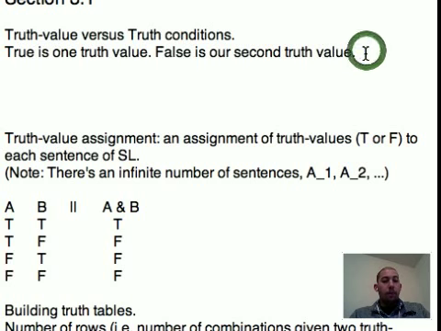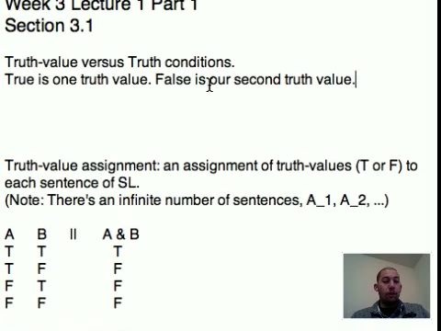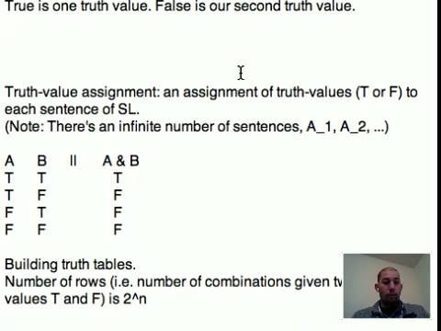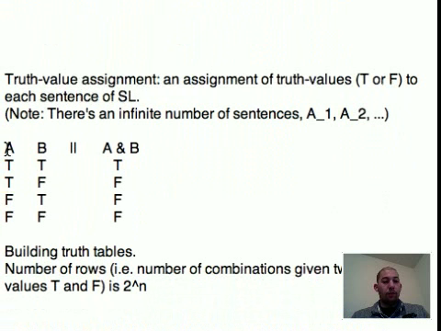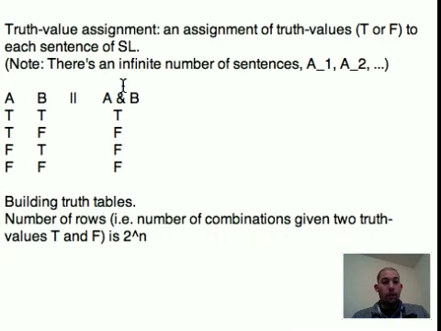But these are different than what are called the truth conditions. The truth conditions you can think of as belonging to compound sentences: the conditions under which a compound sentence will be true. If you remember, we have the symbol here, which we call a conjunction, and this is very similar to the natural language connective "and".